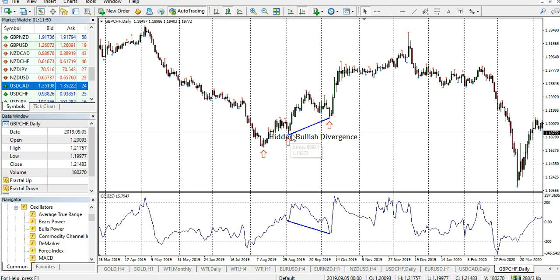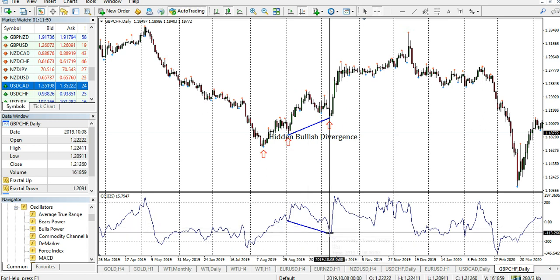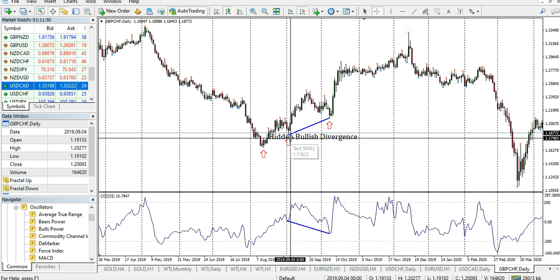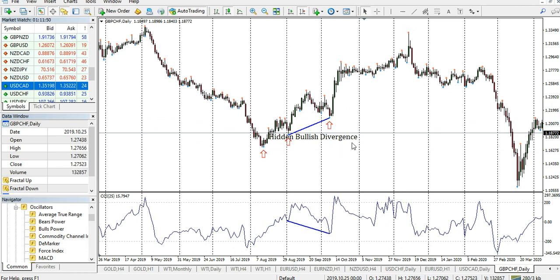So when the market makes this low and it is higher than this low, but you look on your indicator and you see that you move from a low to a lower low, while on the price chart you move from a low to a higher low, that is hidden bullish divergence. And that's a continuation pattern.